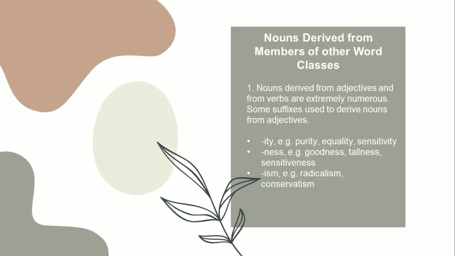In English, the suffix -ness can also be used to change an adjective into a noun, for example in the words goodness, tallness, and sensitiveness. And the last, there is the suffix -ism, as in the words radicalism and conservatism.